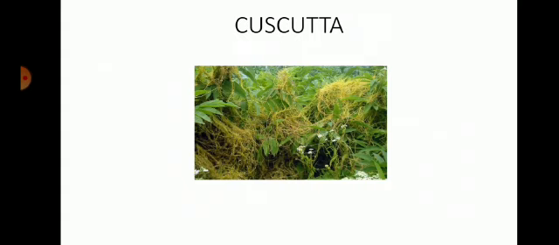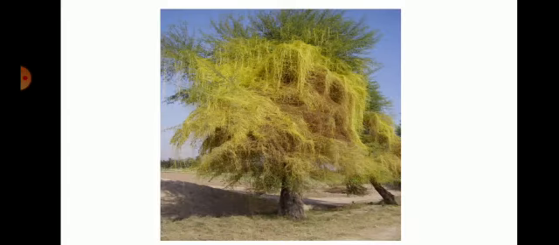A non-green plant which obtains its food from another organism is called a parasite, and the living organism from whose body food is obtained is called the host. Example: Amarbel or Cuscuta.